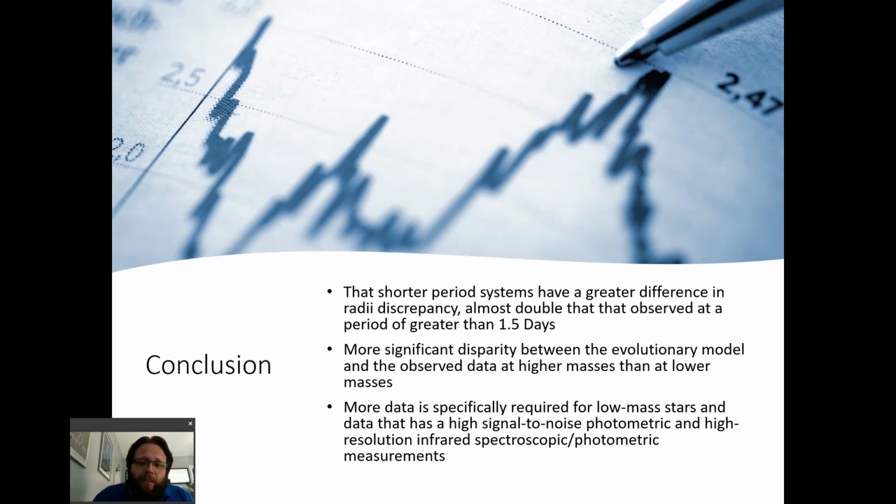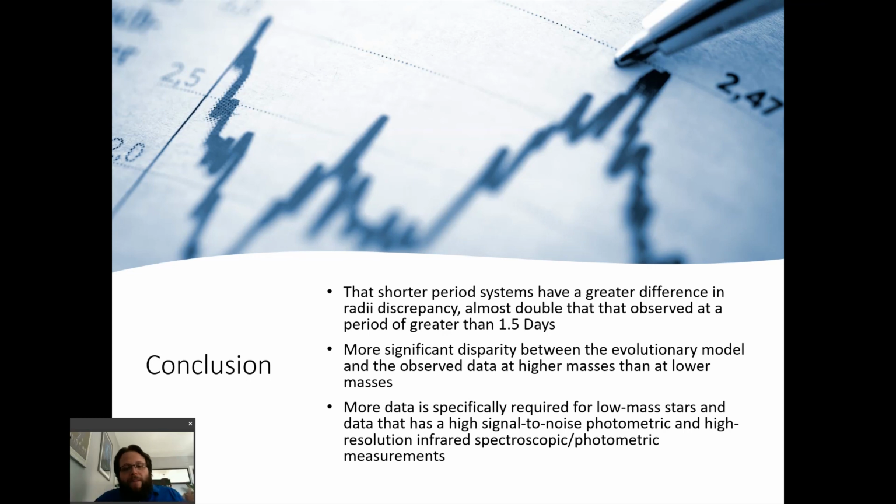We also found that there was greater disparity between higher mass stars than lower mass stars. So again, higher masses have a slightly higher magnetic field, and therefore cause more disturbance. So if we had a high mass binary system, then those magnetic fields would be large and would interact with each other quite massively.